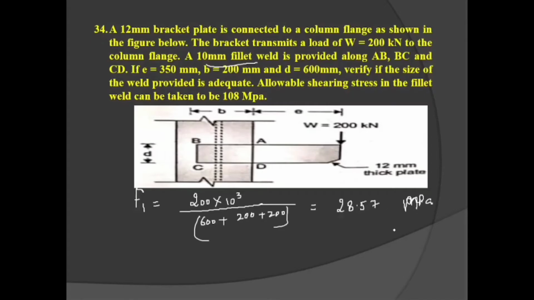Basically here the weld is treated as a channel, that we had discussed in our out-of-plane eccentric welded connections. So we have to calculate all the properties in the same manner that we had discussed in our theoretical questions, and the critical location is taken here, at A. So here theta is this one, and this value is given as 300 mm.